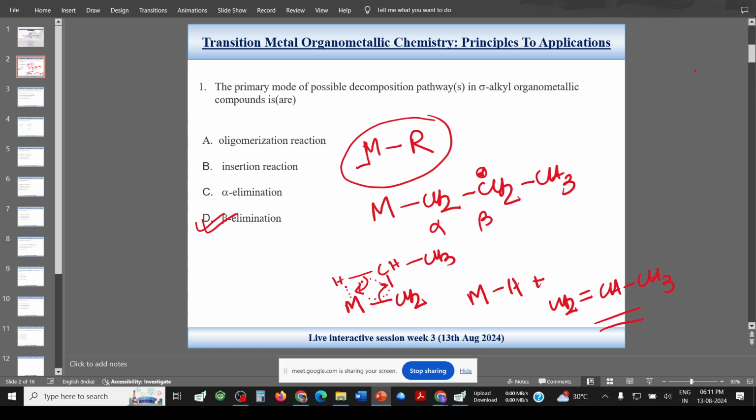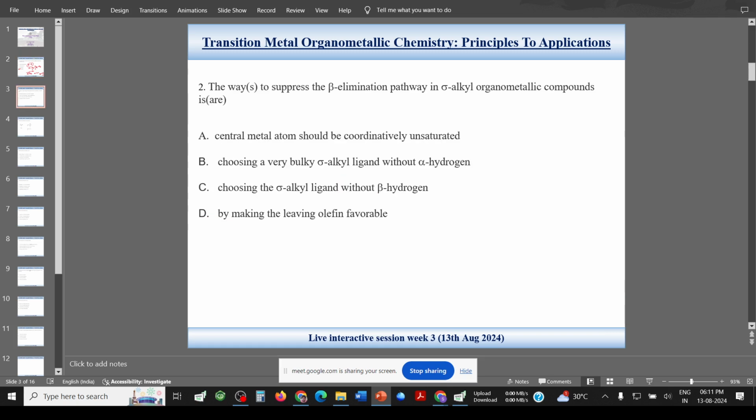That's why metal alkyl complexes are very unstable, highly reactive in nature. They even decompose at very low temperatures like minus 40 or minus 50 degrees centigrade. So now the question is how to suppress this beta hydride elimination reaction to get stable metal alkyl complexes.